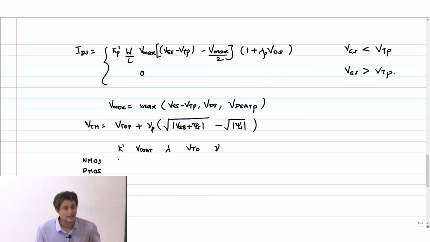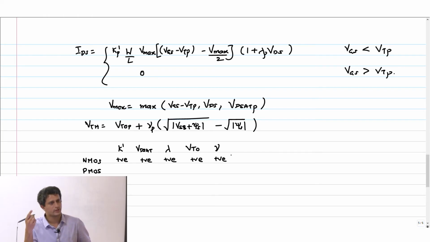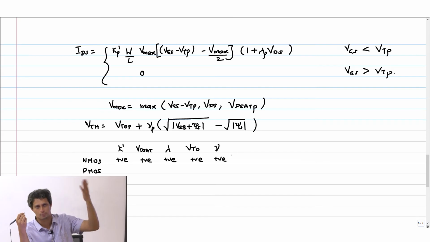In an NMOS transistor, all these parameters were just positive. We understood why each of these parameters, for example why gamma should be positive: because if you increase VSB, threshold voltage should go up, and therefore gamma has to be a positive number.